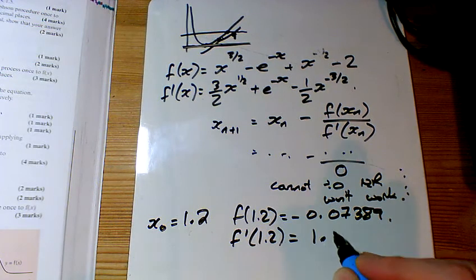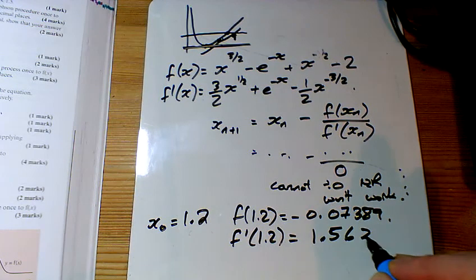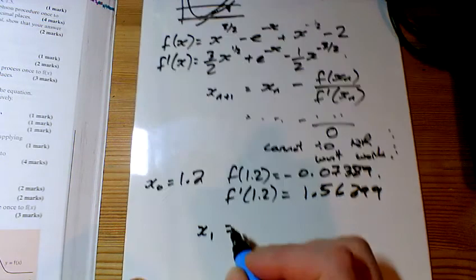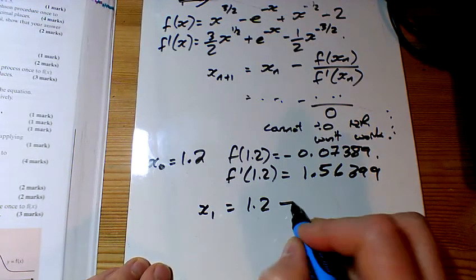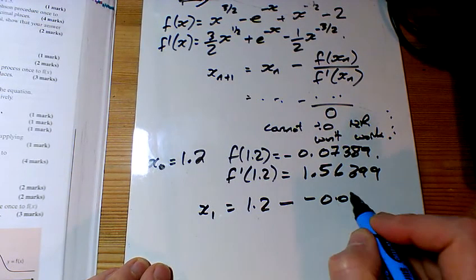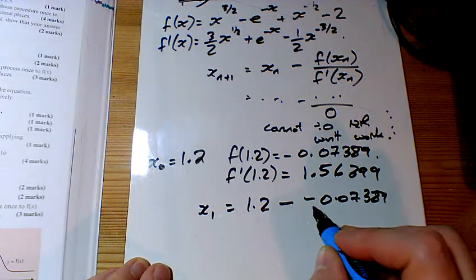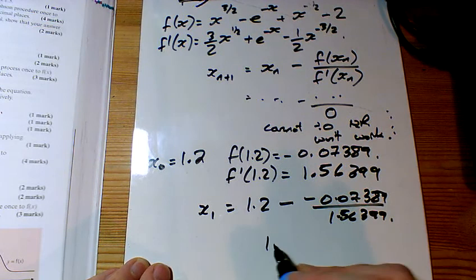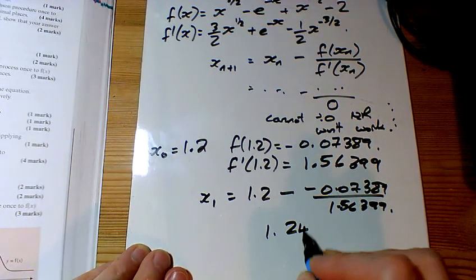And that one I've got 1.56399. And so the next guess is going to be 1.2 minus that one over that one. And that's given me 1.247.